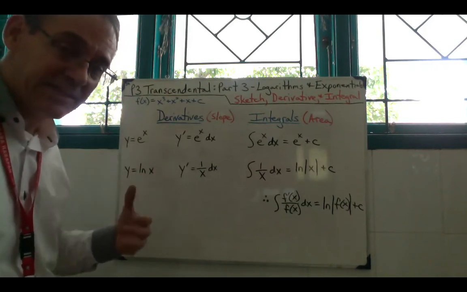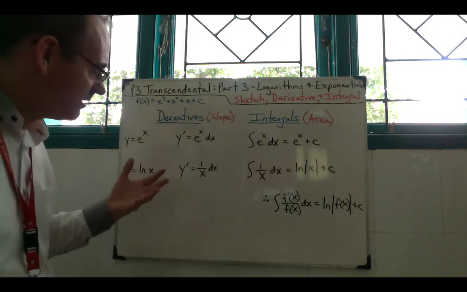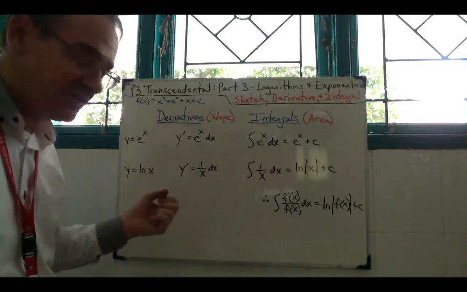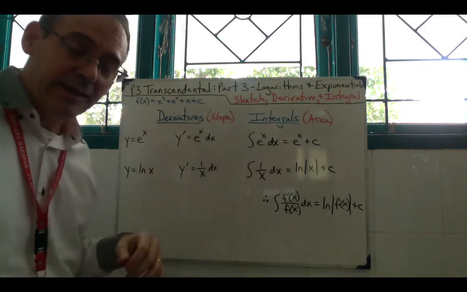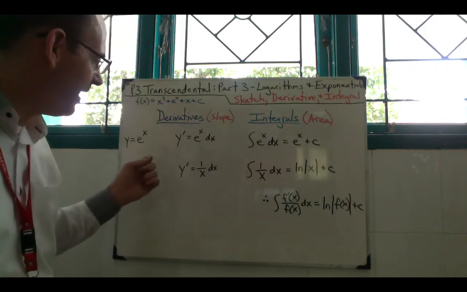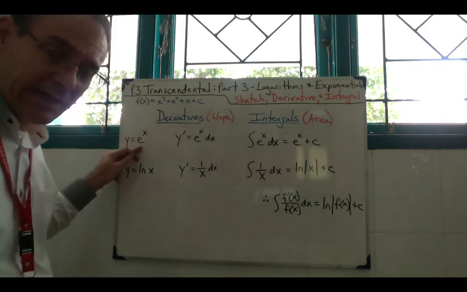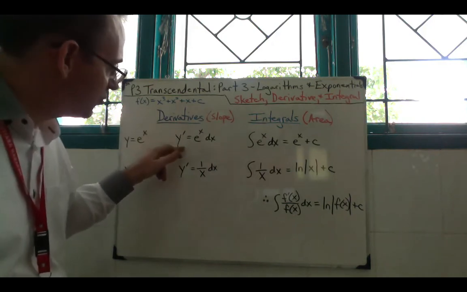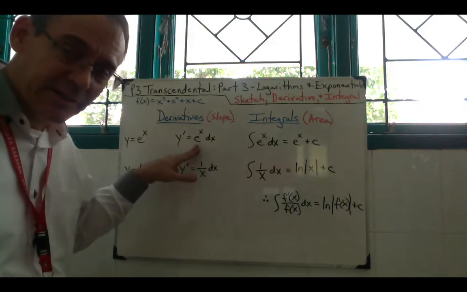Notice the derivative is the same as the original function. This is what makes it a special function, and that's one of the interesting characteristics about this natural e, this 2.72 rounded to 2 decimal places. The y value at a particular x is equal to the slope at that same place.